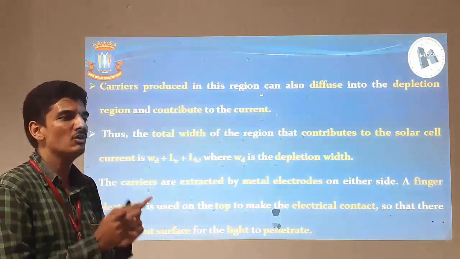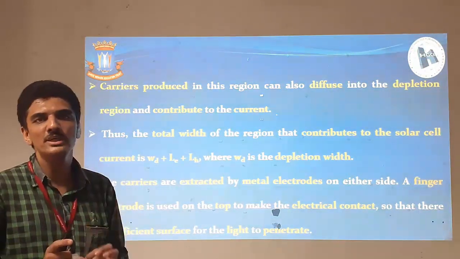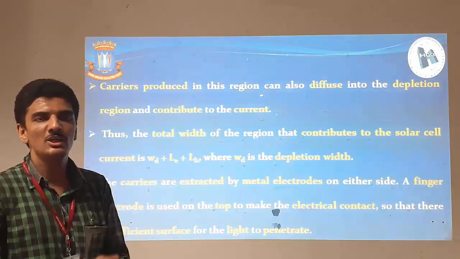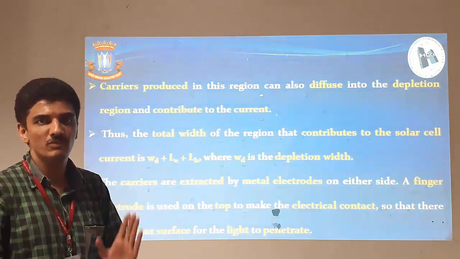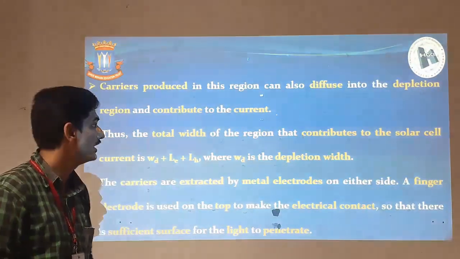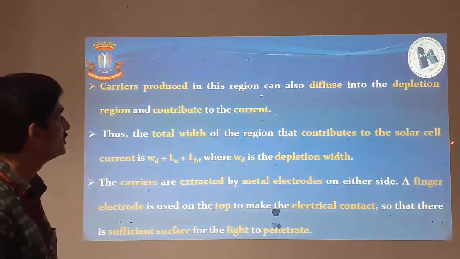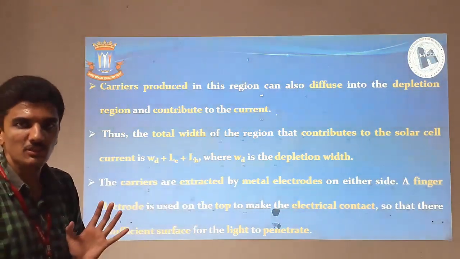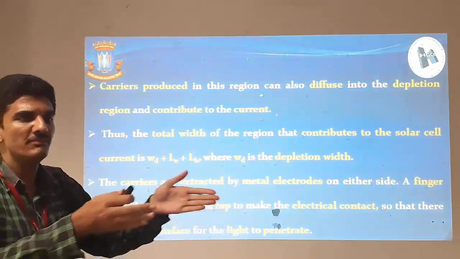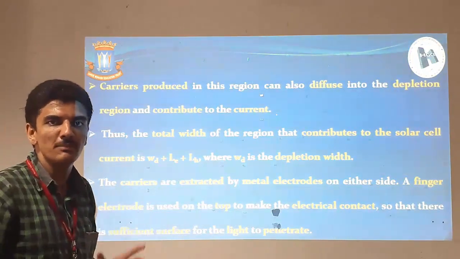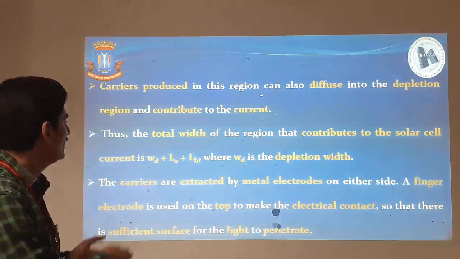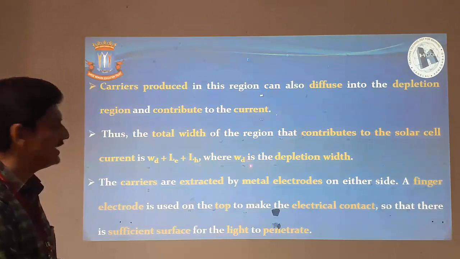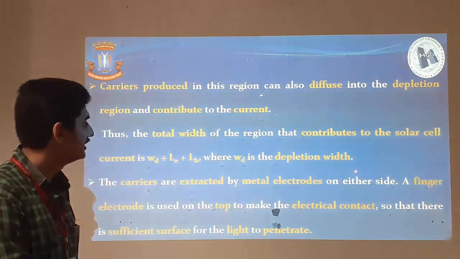After these pairs are created, we will be able to get some electric current output. So the region contributing to the solar cell current is WD, the depletion width, the thickness of the depletion layer, plus the diffusion length of the electrons as well as the holes. Where WD, as I mentioned earlier, is your depletion width.